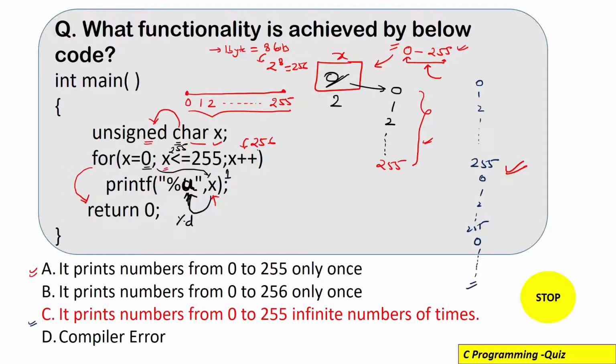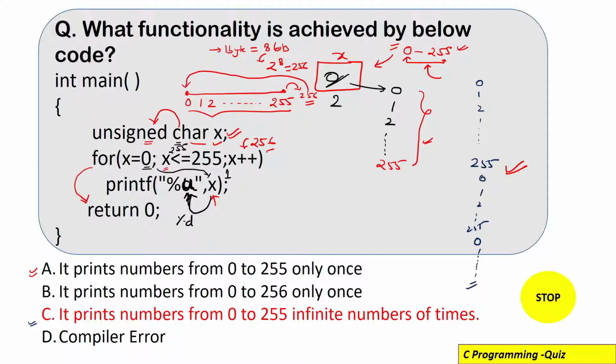So what will happen? If you store 256, this 256 cannot be represented in 8 bits and cannot be stored inside the x variable because the range of x is 0 to 255. So this 256 will not be printed, and actually 0 will be stored inside the x variable.